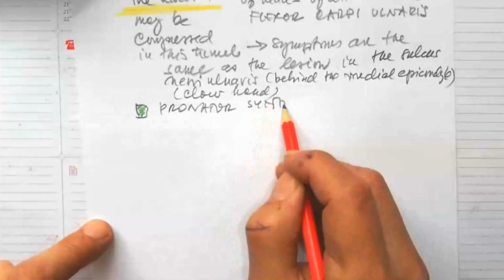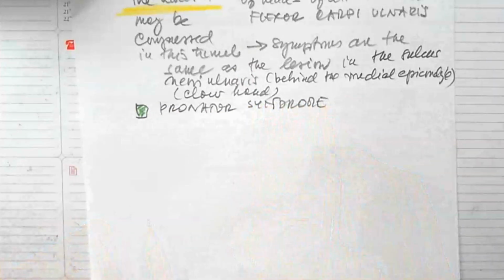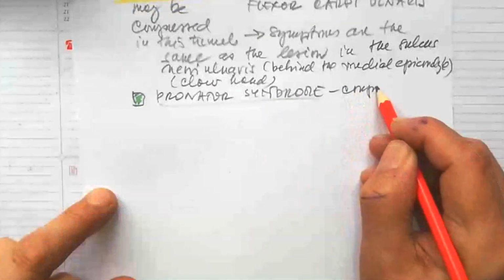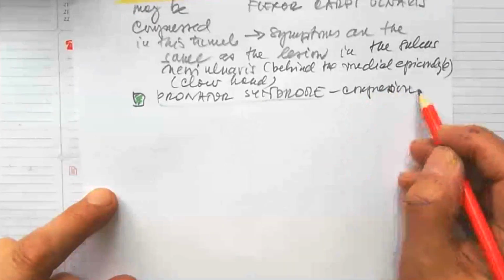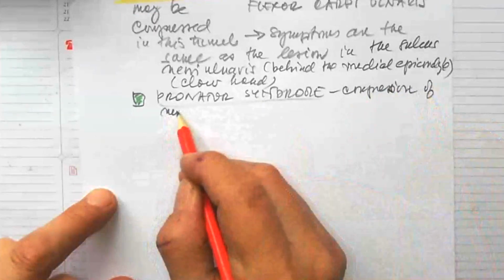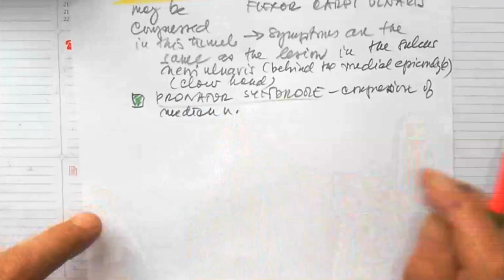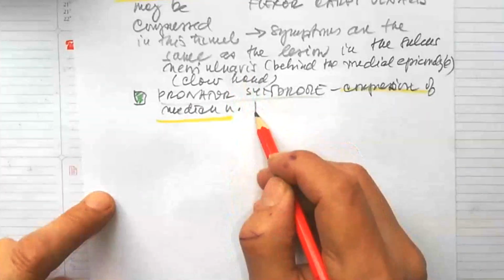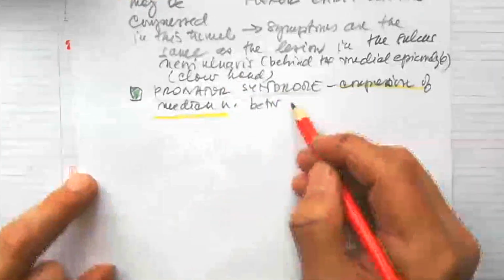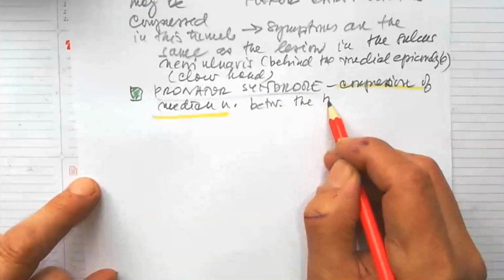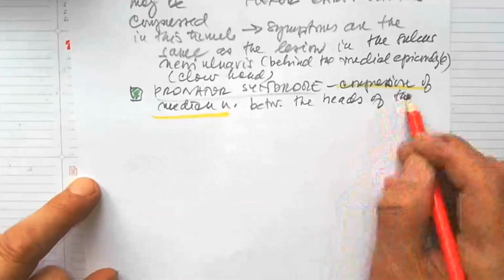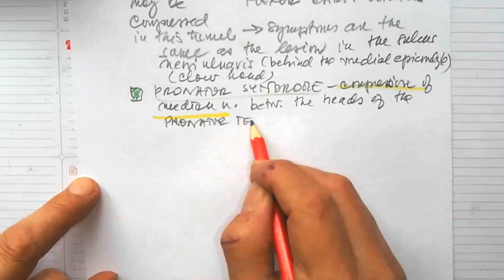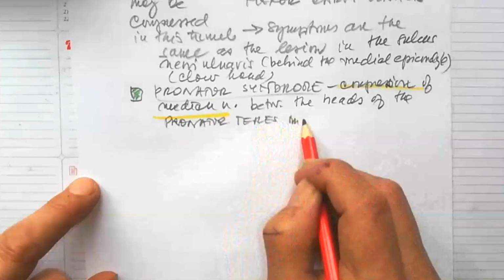And the last one, because we have to mention all of them, is the pronator syndrome. Pronator syndrome is the situation when again the median nerve is compressed. This compression could be seen between the two heads of the pronator teres muscle.